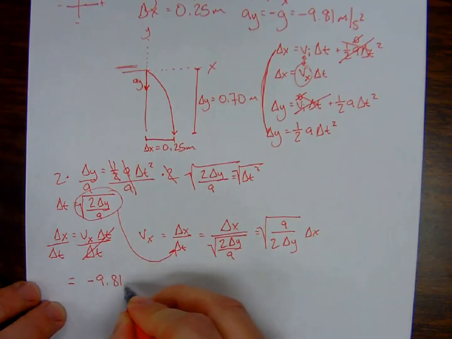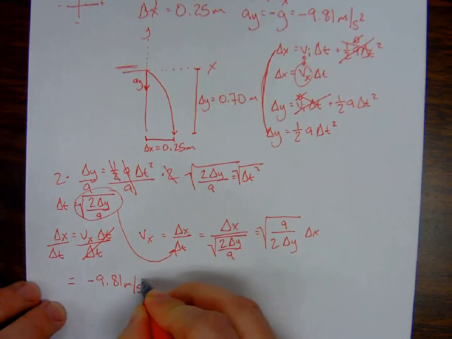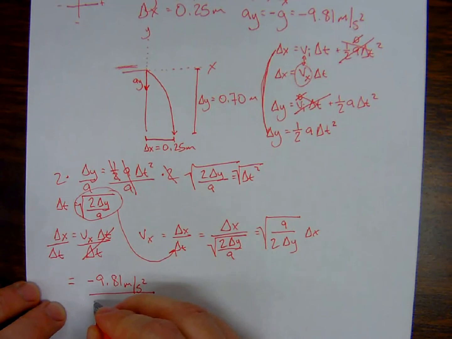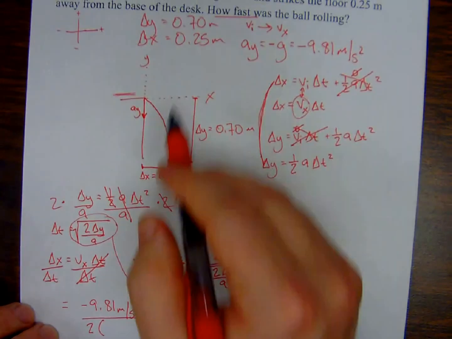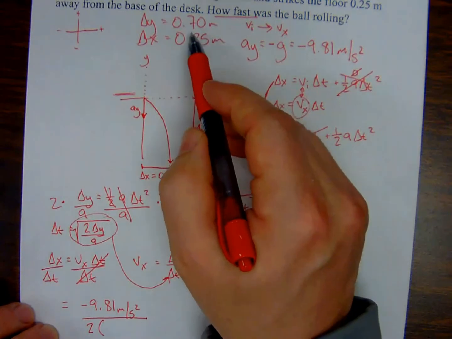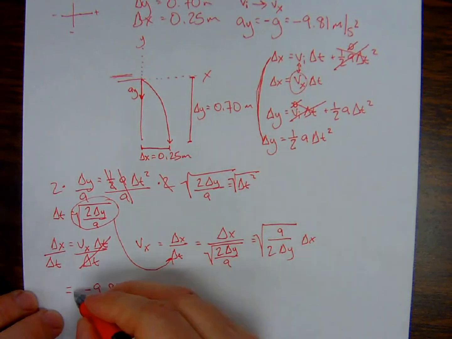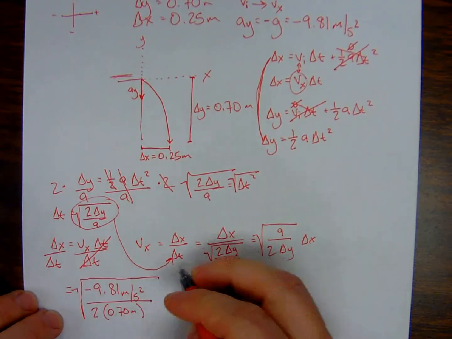Once I get that into my calculator, making sure that I use the appropriate number of significant figures. The question has me using 2 sig figs, so my answer is going to have 2 sig figs. Looking at what the calculator gives me, I'm going to go with 0.66 meters per second.